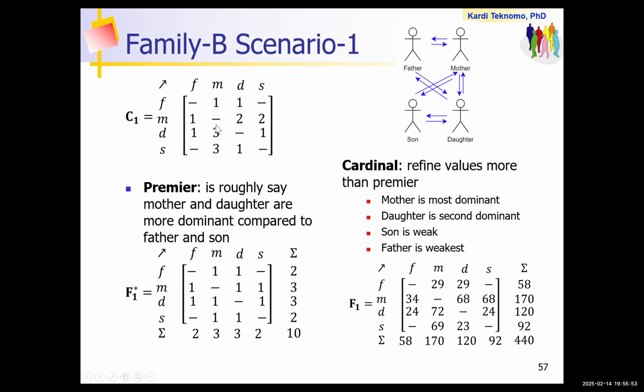But if you know the actual strength of influence and you calculate that, you can calculate using a cardinal network, which is quite complex here. You will see this cardinal network has different values. Let's calculate the power of this cardinal network.